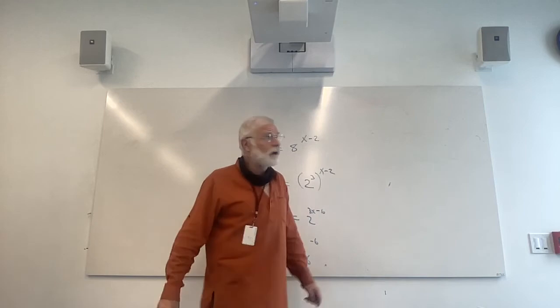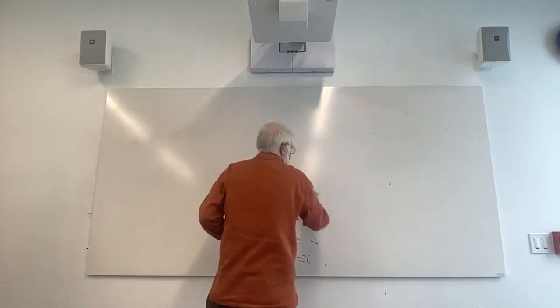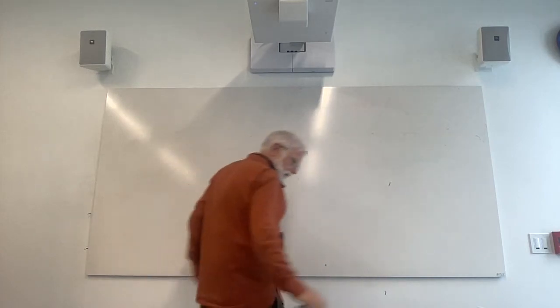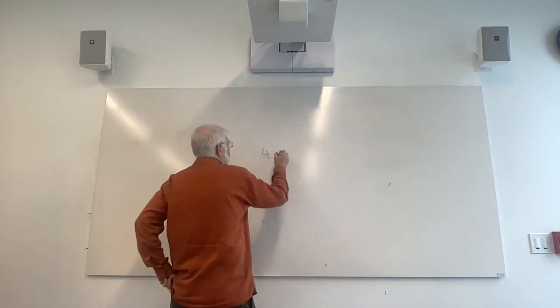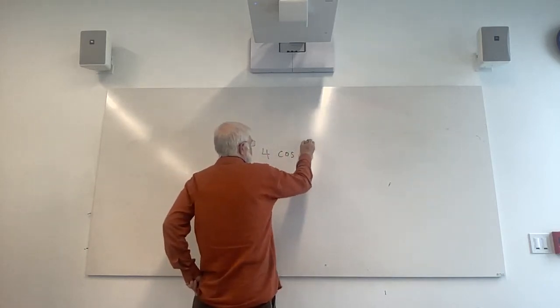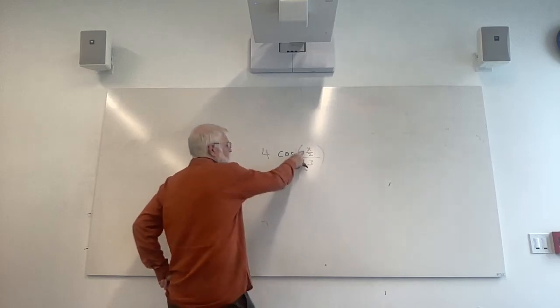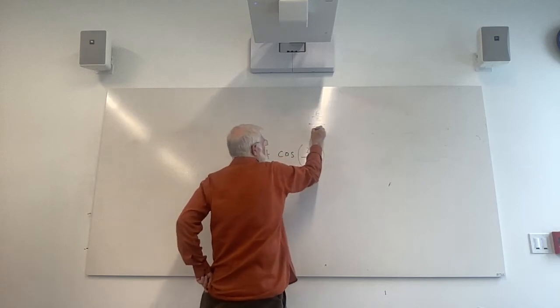18. Let's see how much time we got. All right, I can do a few more. All right, 18, 4 cosine x over 2 plus 3, divided by 3. All right, let's do something we know. Let's do 6 divided by 2 divided by 3.